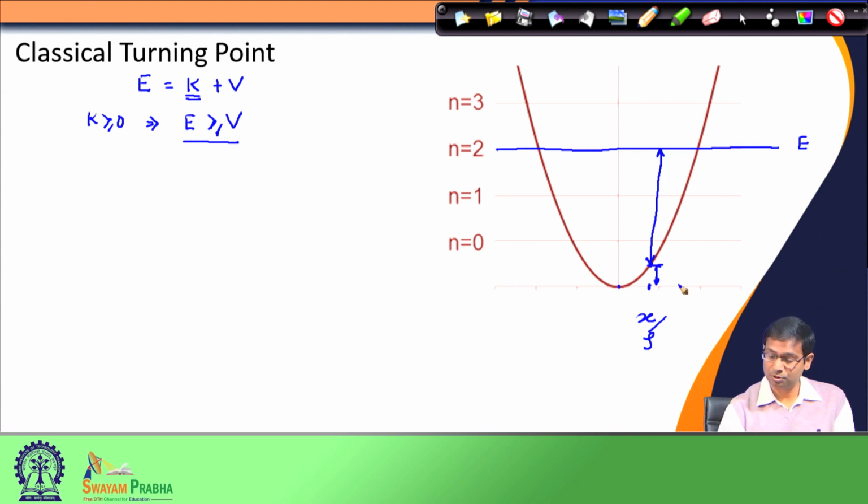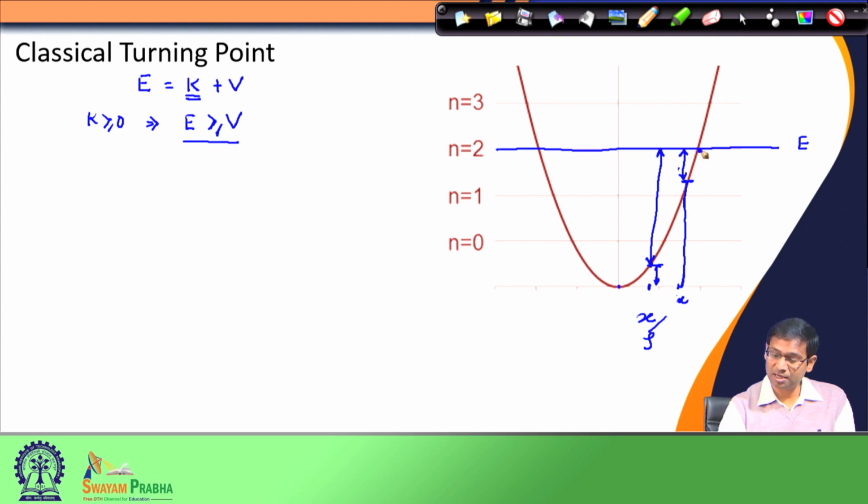Similarly, if I choose this as my x, the displacement, this much becomes the potential energy, and this is the kinetic energy. In this way, I can go along this displacement axis and see the contribution of kinetic energy and potential energy to the total energy.